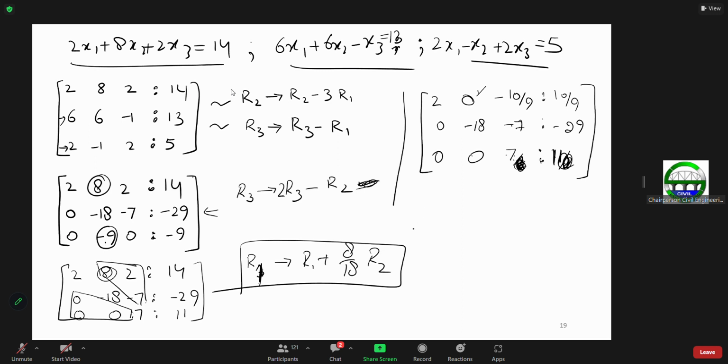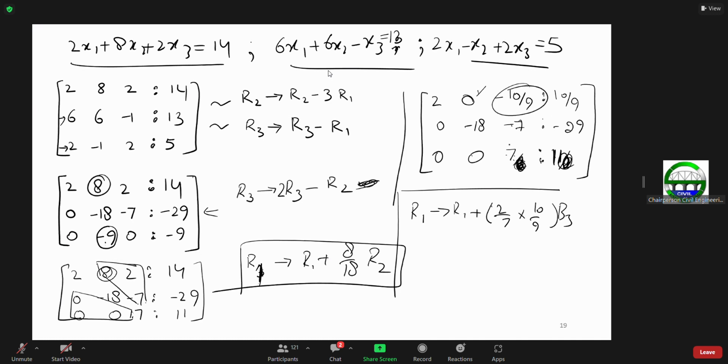So in the next step, if we put the values R1 is equal to R1 plus 2 by 7 into 10 by 9 R3, then it will become 0, and then finally we can subtract this one, it will become 0, and that's it.